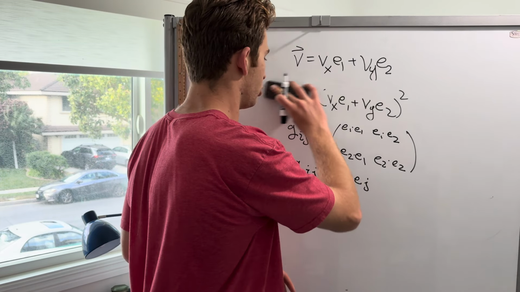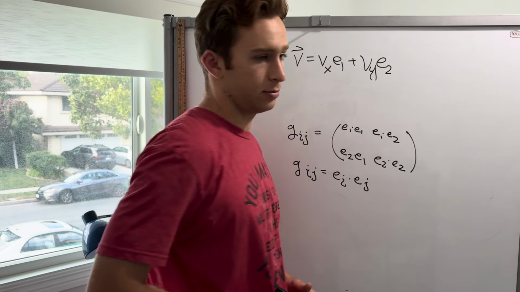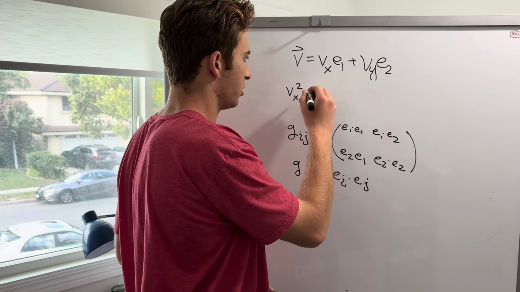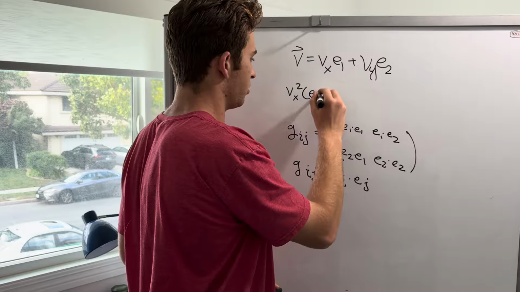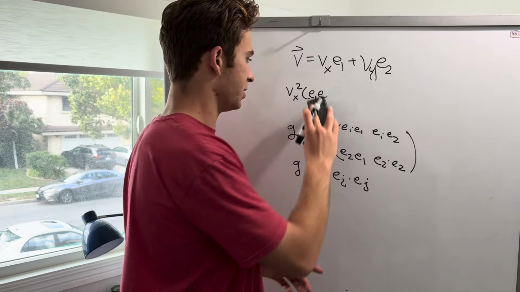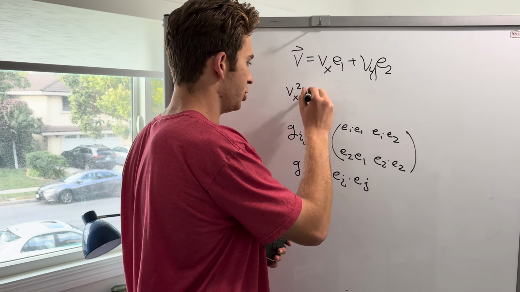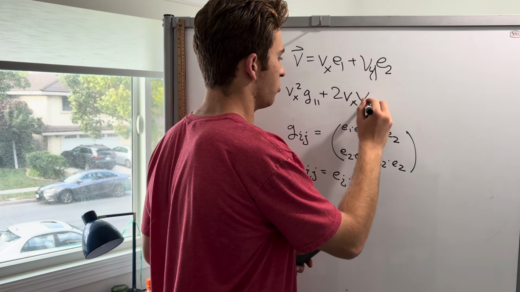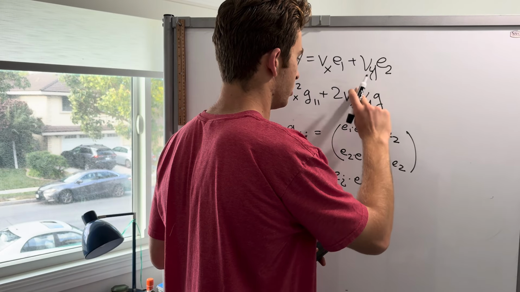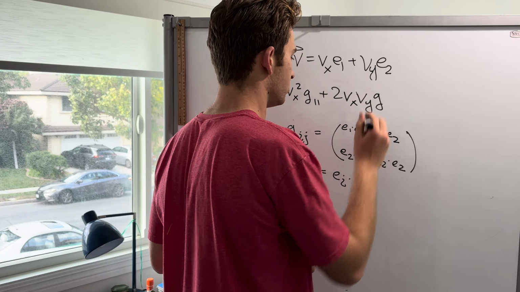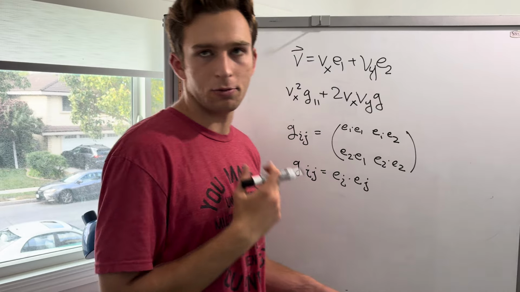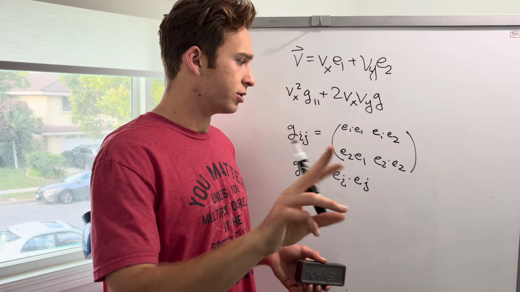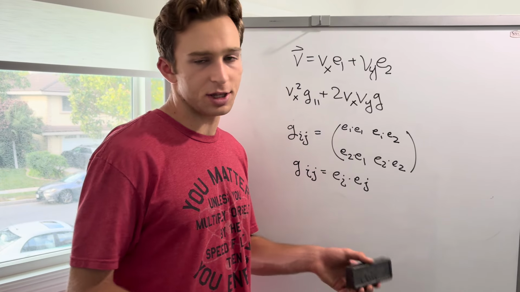So now I'm going to rewrite this a little bit. You had vx squared e1 dotted with e1. And we're going to rewrite this now. Instead of e1 dot e1, we're going to say g11. And we had 2 times vx vy g. Now, these two are going to be the same. Why is that? The dot product is commutative, which means that you can flip it around and it would still be the same either way.